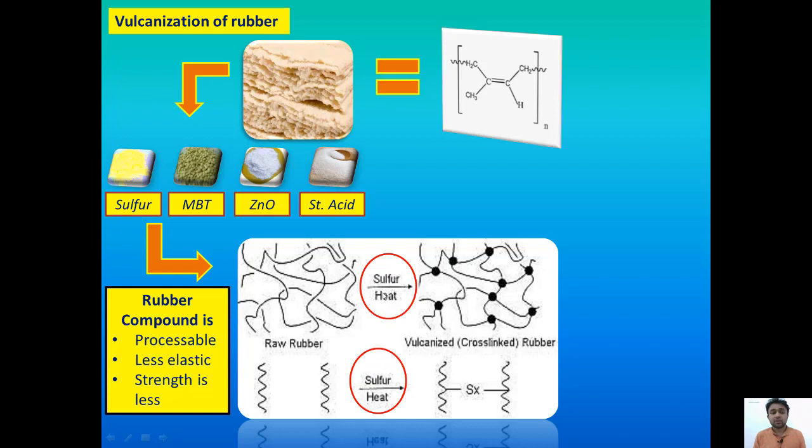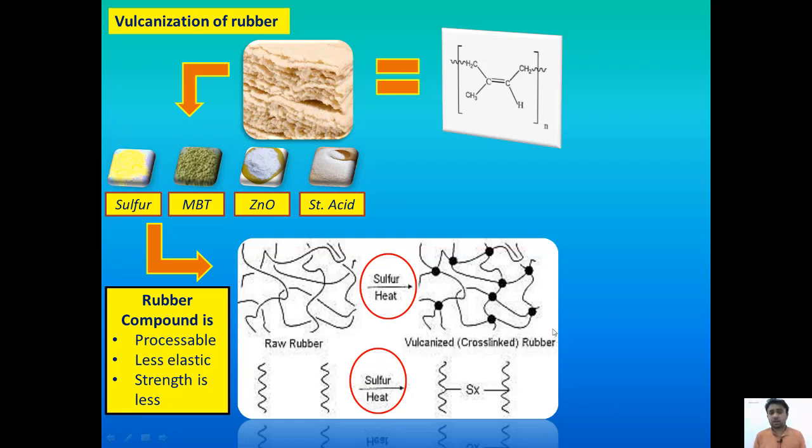If we need to speed up this process, we can use accelerators also here. Let's say accelerators are there. Then it makes cross links like this. Actually it makes sulfur bonds between rubber chains, that is called making cross links.